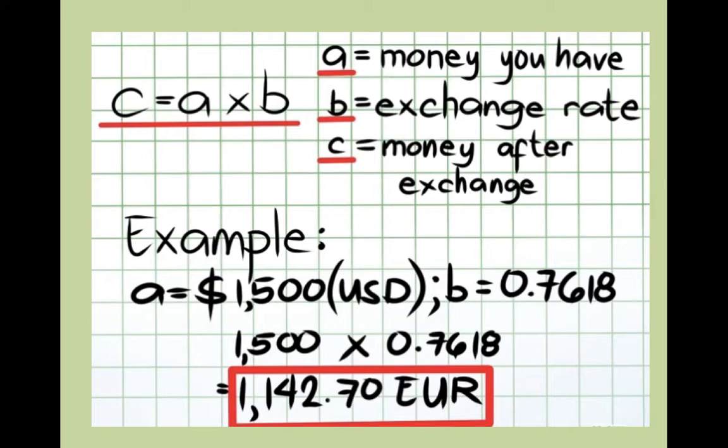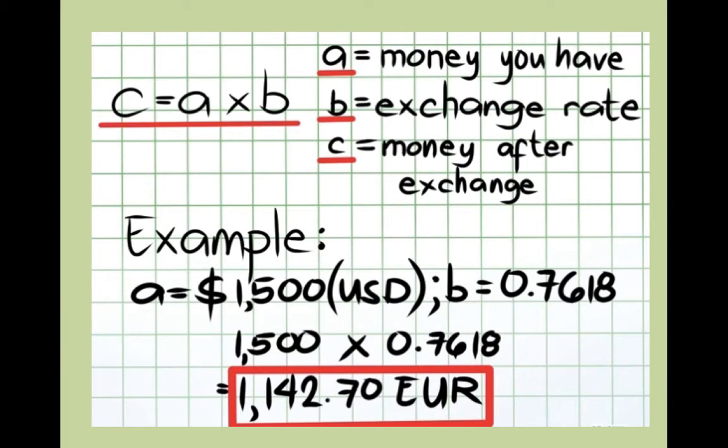This is what the calculation equation looks like. C, which is money after exchange, equals A, the money that you have, times B, which is the exchange rate. So the money that you have, let's say, is $1 times 0.7, as in the case of the previous slide.